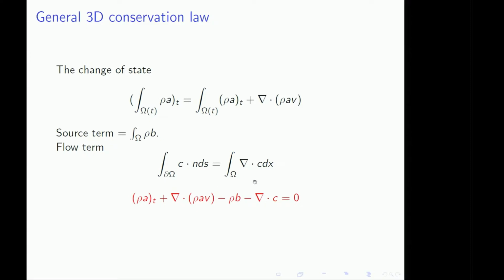We see something that is very close. Okay, this is the actual boundary term, and we will change it by Gauss formula to this volume integral. And once this is done, we get the generic 3-dimensional conservation law. So we have the conserved quantity, the pointwise dependence, a component from the deformation, the source term, and the flow term on the boundary transported inside the system.